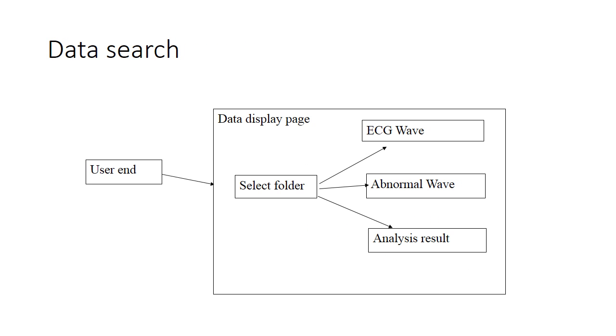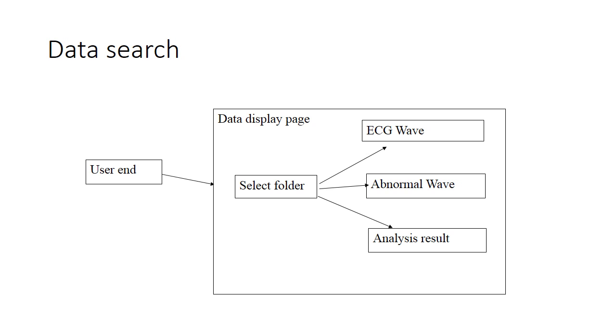Data search. Considering a general Android platform-based medical terminal device, it has limitations because of the size of the screen, so it's not a good idea to display the whole ECG wave together with its analysis on the screen. In this way, data will be displayed in three parts: ECG wave, abnormal wave, and analysis results.